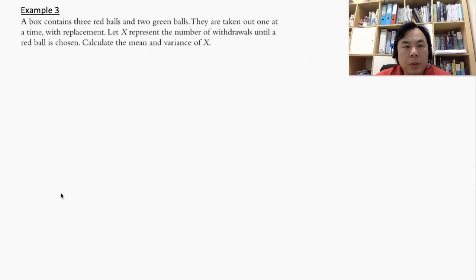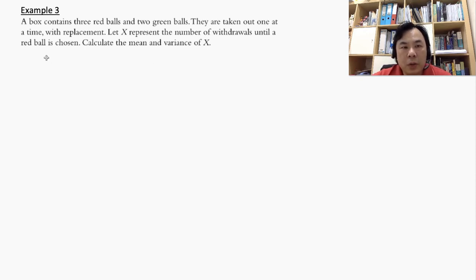All right. Example number 3. We have a box that contains 3 red balls and 2 green balls. They are taken out one at a time with replacement. Now let X represent the number of withdrawals until a red ball is chosen. That will remind you this is a geometric distribution, failures before we obtain the first success in this case, right?